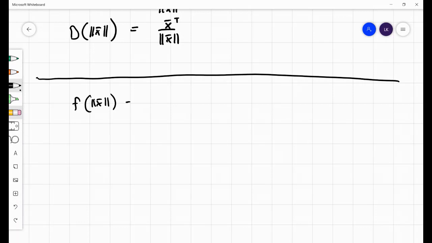So let's say we have natural log of magnitude of x. Of course, defined for everywhere except the origin.